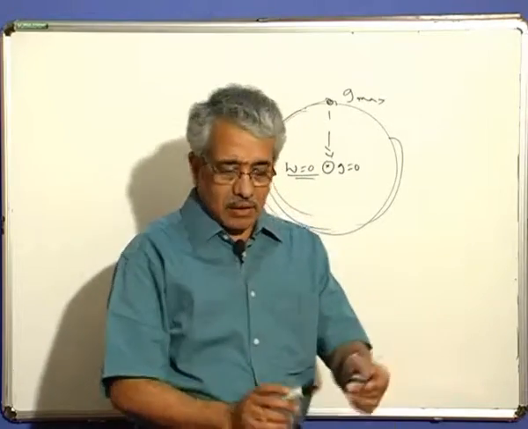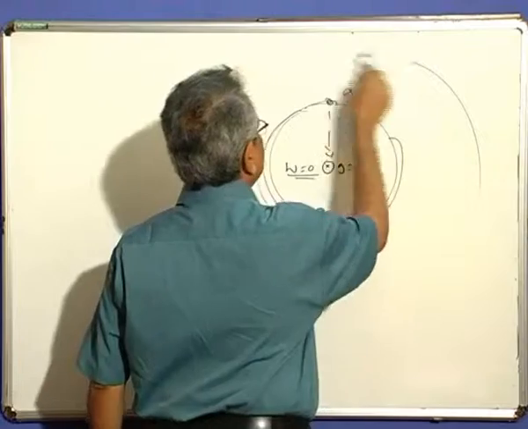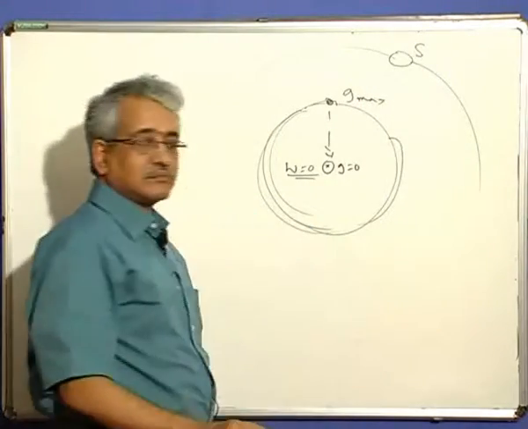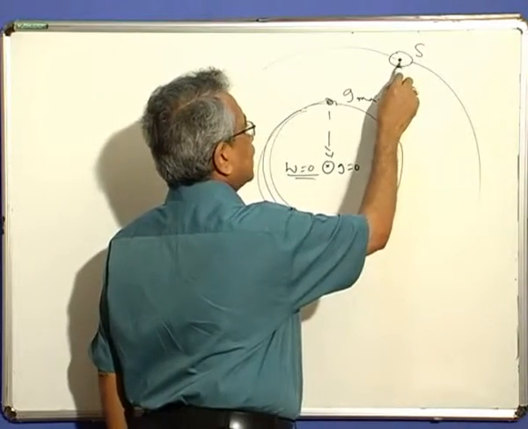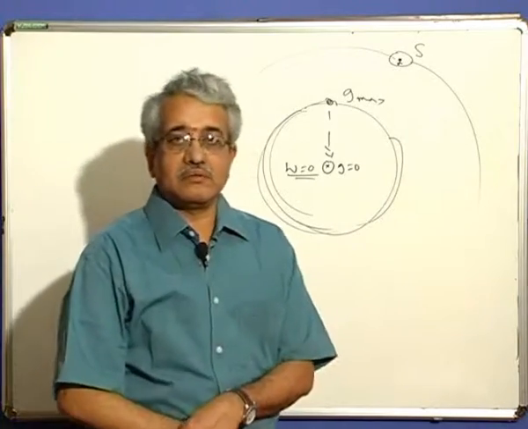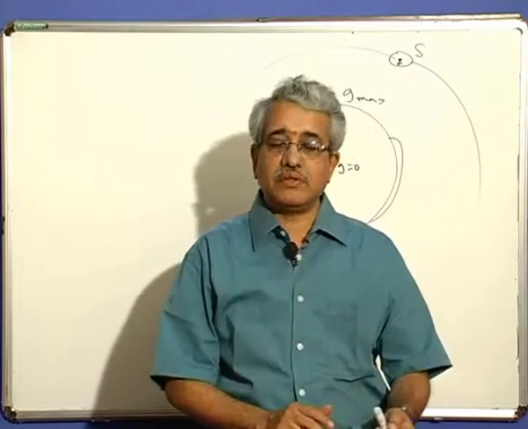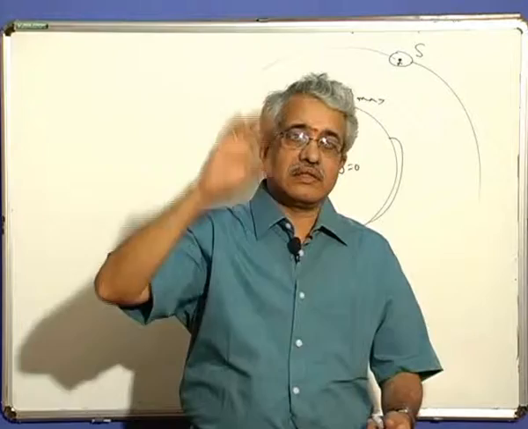Take another example in contrast. Suppose you take a satellite going around the earth, and there is a person inside the satellite. What about his weight now? You must have seen in the films and also in scientific videos, the weight is shown to be 0 there in the satellite.